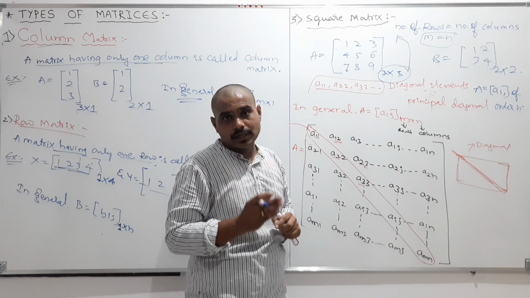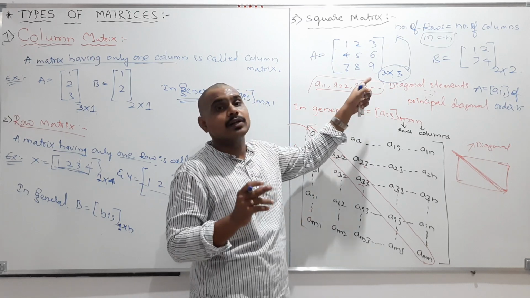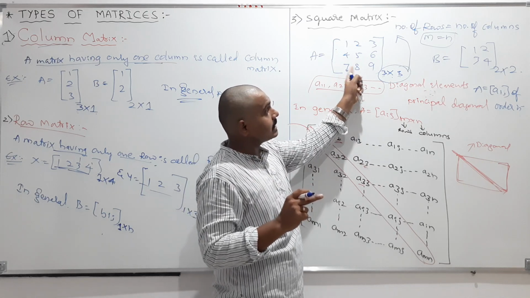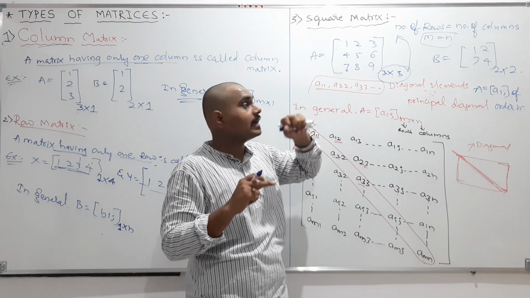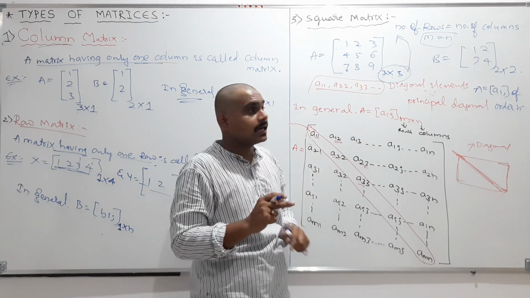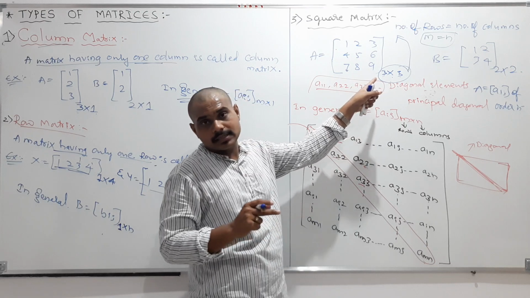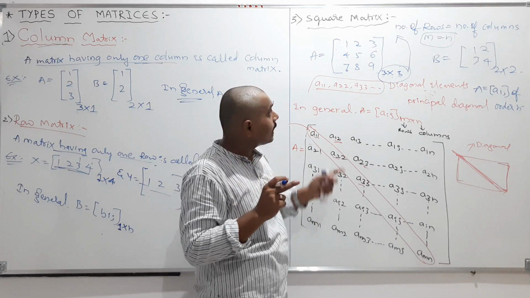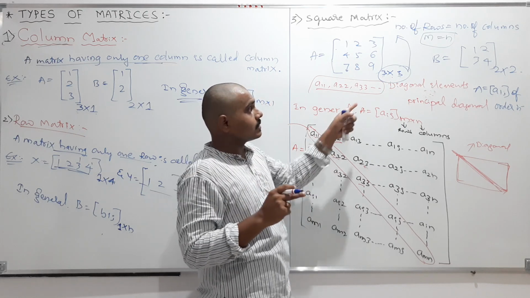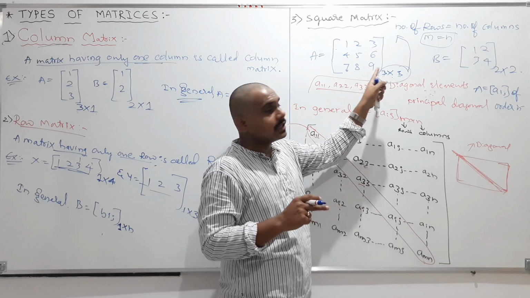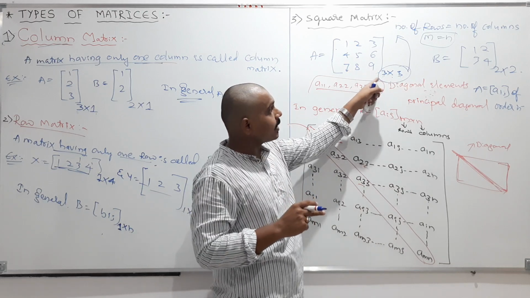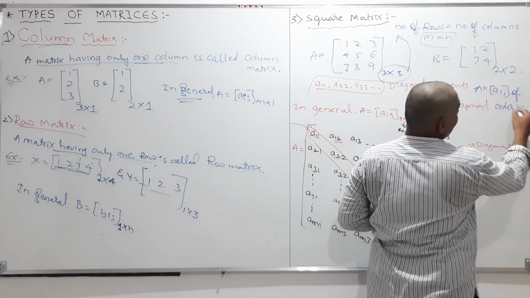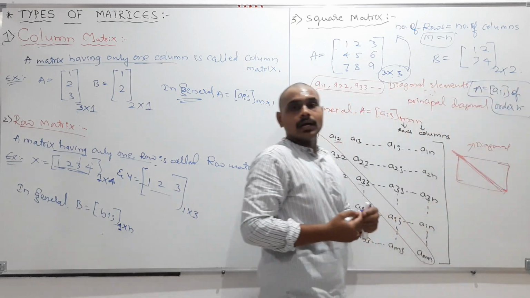Then you should understand that it is a square matrix whose order is 3, which means 3 cross 3. Instead of saying this is the matrix of order 3 cross 3, I'll write only once the value, that is, this is the matrix of order 3. Then you should understand that this is the square matrix of order 3 cross 3. So therefore generally we will write A is equal to Aij of order n. Clear? I hope you understood.